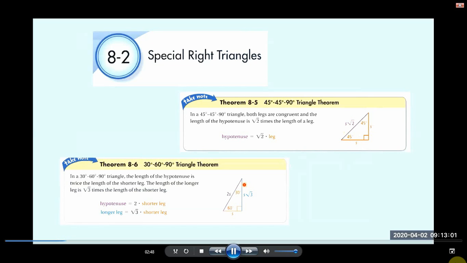Easy. The other triangle, 30, 60. In the right angle triangle, the other angles, one of them is 30 and the other 60. The side opposite to 30 is half the hypotenuse.